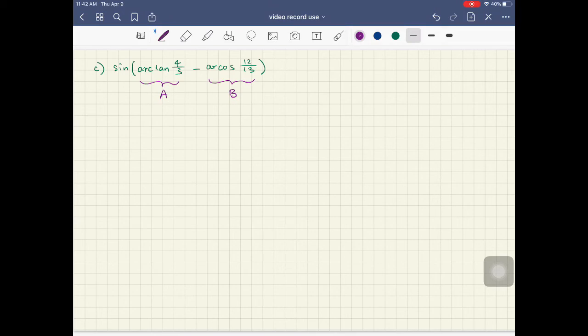So to find A, I have A equals arc tangent of 4 over 3. That means tangent of A equals 4 over 3. So I'm going to draw a right triangle with angle A. Tangent of A, 4 over 3, tells me 4, 3, and then x. So I know x is going to be the square root of 4 squared plus 3 squared, which is 5.